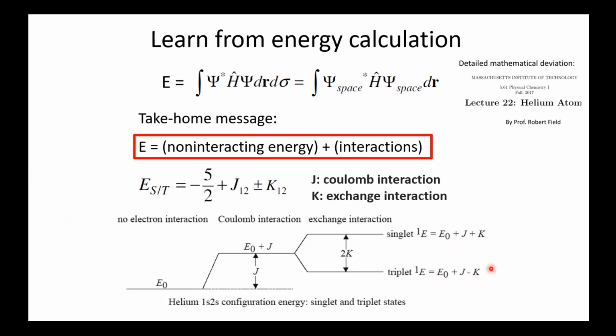To a very good approximation, we can say, for the triplet, the energy is lower because the electrons have a parallel spin, right? But that's an approximation. And for the singlet state, the energy is raised because we have extra energy corresponding to the paired electrons.